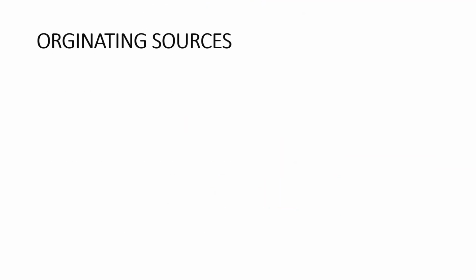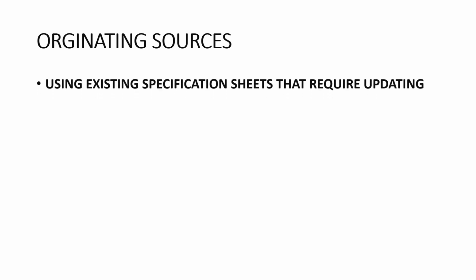Let us see, students, when we are talking about the sources, another aspect is that existing specification sheets can also be updated. A particular sheet was there with the buyer in a previous season or before that, and they modify that specification sheet, updating it to create a new one.